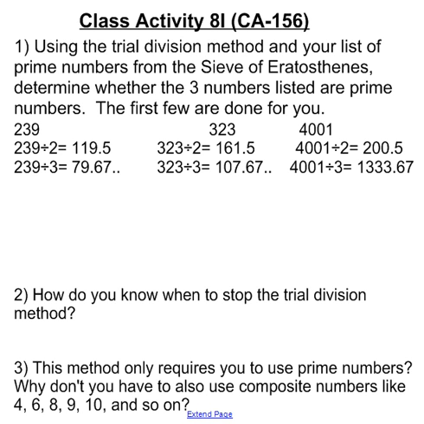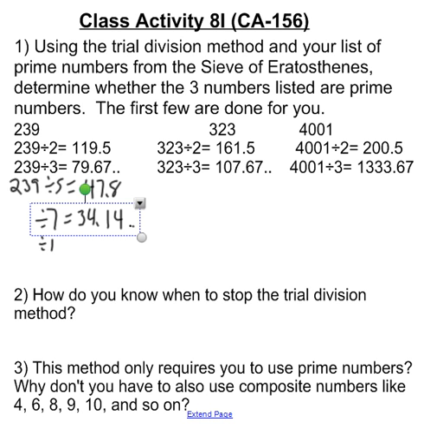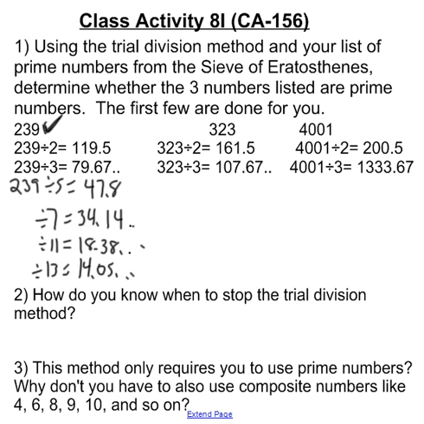So if I go up here and keep following just my primes, I do 239 divided by 5, which will give me 47.8, divided by 7 would give me 34.14..., and if I keep going, divide by 11, it's going to give me 18.3800..., and then if I divide by 13, it will give me 14.05... And I can stop there and say that 239 is definitely prime.